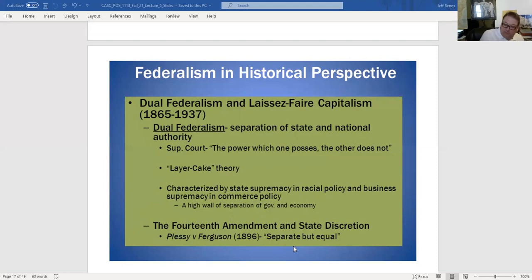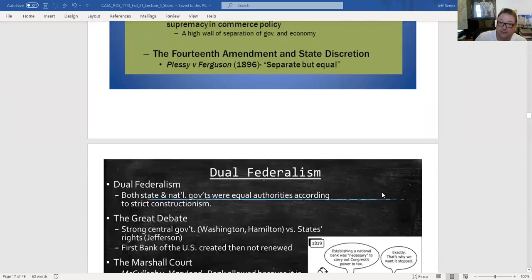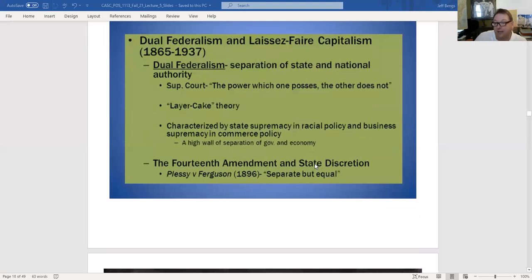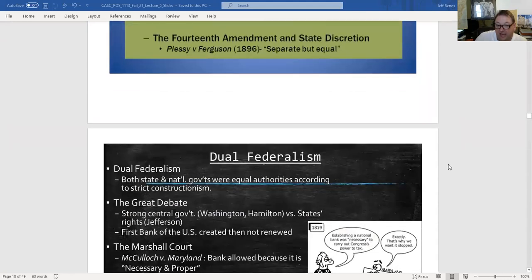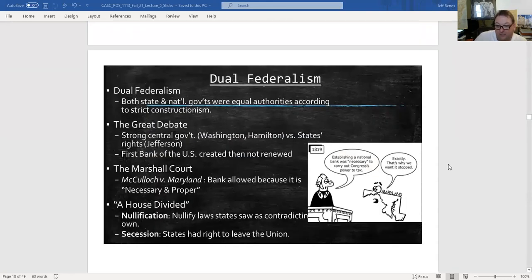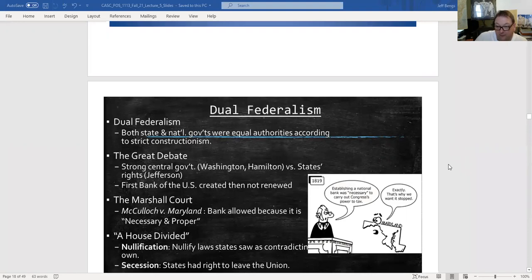Really what happened was it became a justification for separate but unequal facilities. So all of this happened, and it continued to keep dual federalism, in which the states still had the primary obligation and function of governing.